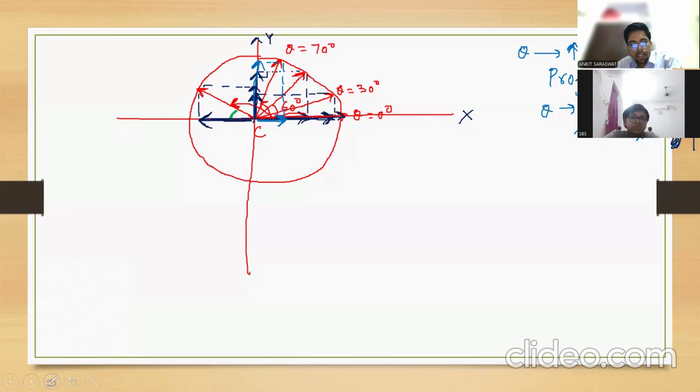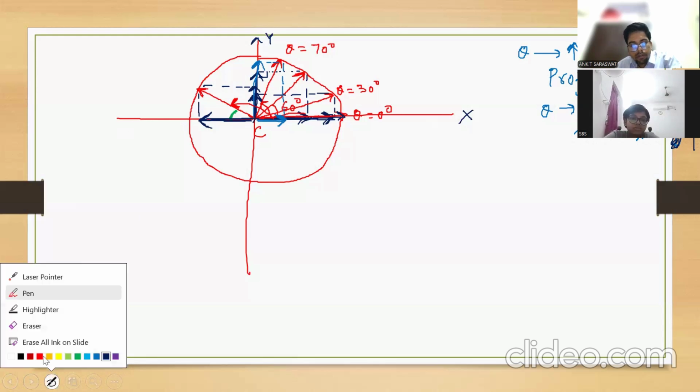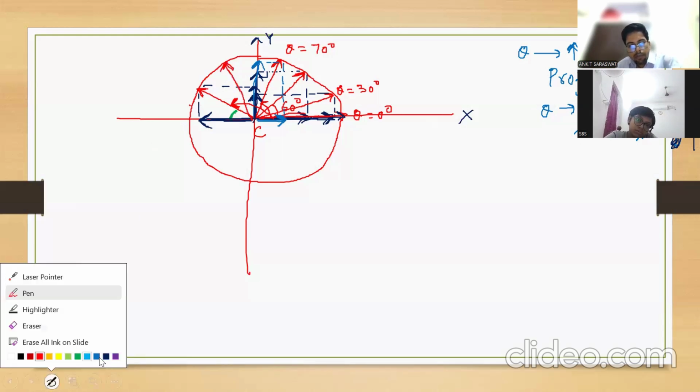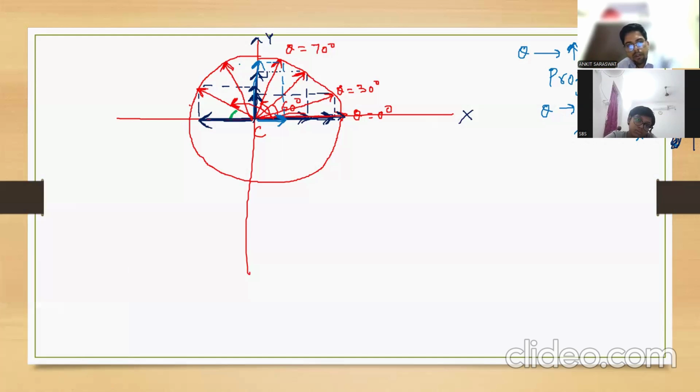But if the given vector is like this, then for this vector, drop a perpendicular on the y-axis and on the x-axis. The projection on the x-axis will be like this, and the projection on the y-axis will be like this, total length.